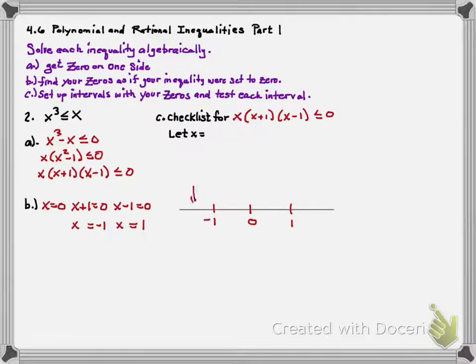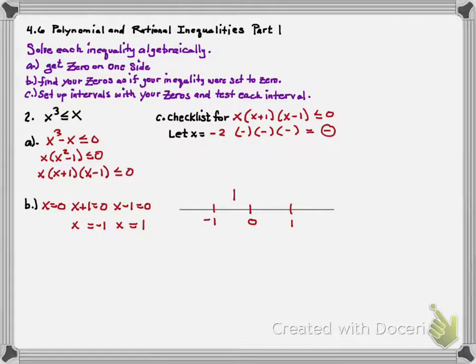So I'm going to start way over here, and I'm going to choose a number like negative 2. If x equals negative 2, I've got a negative number, a negative number, and a negative number. 3 negatives equals a negative value. We like that so far.